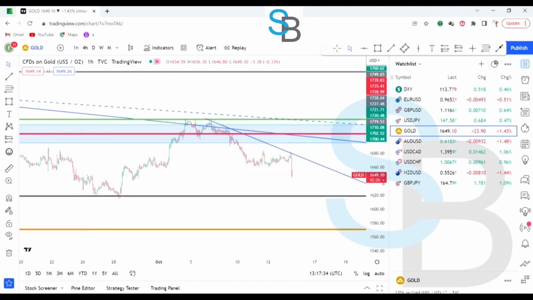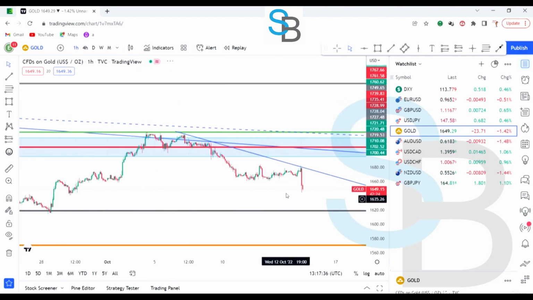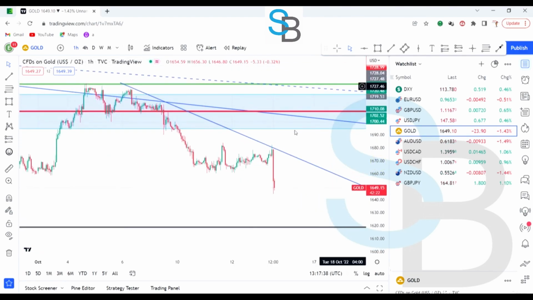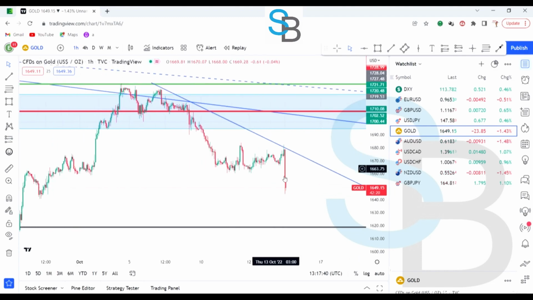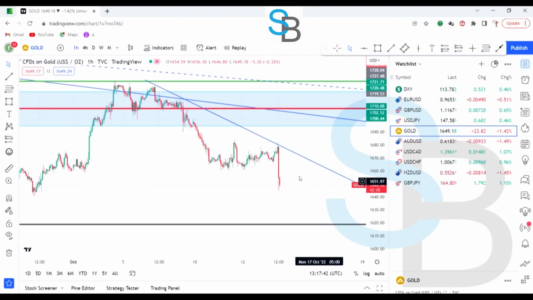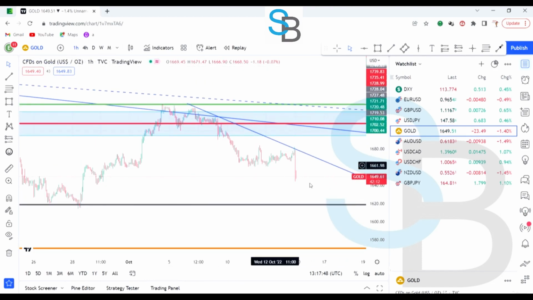So as you can see, now we have a clear trading opportunity. It's possible to enter a trade here and have our stop loss at a region like this. And we can also wait for it to retest or retrace and then enter a sell trade.